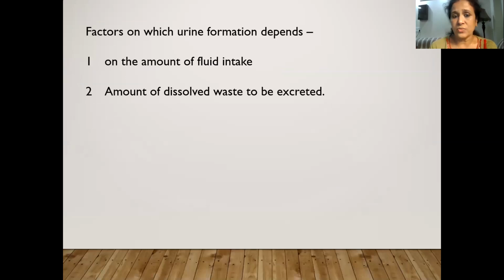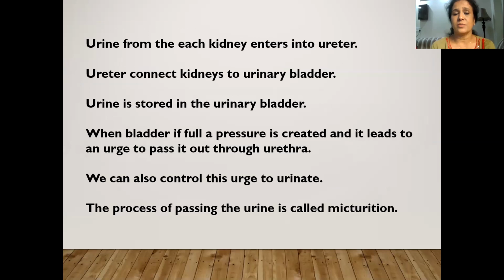How much urine is formed? It depends on how much fluid we are taking in. The more the fluid intake, the more urine will be formed. It also depends on how much waste has been collected in the body. Now what would happen after that? When the urine has been formed, it is collected in the collecting duct.